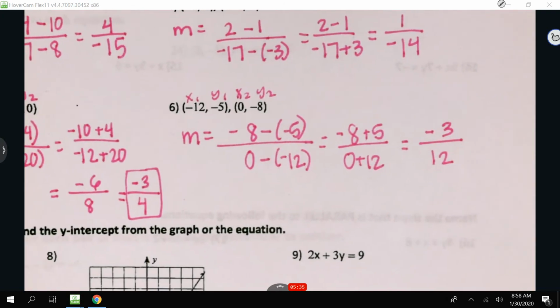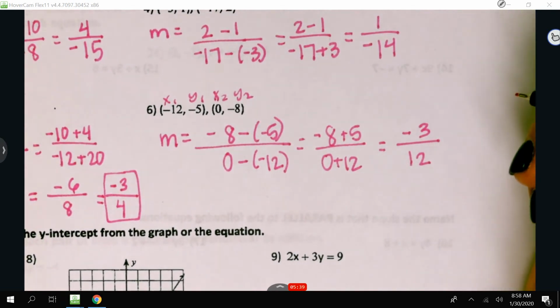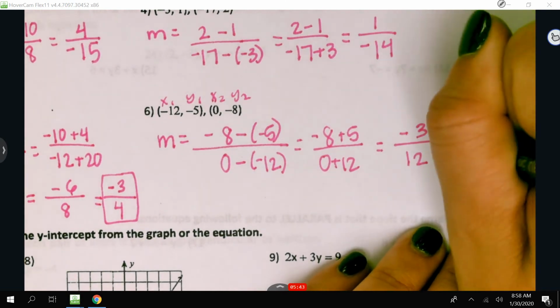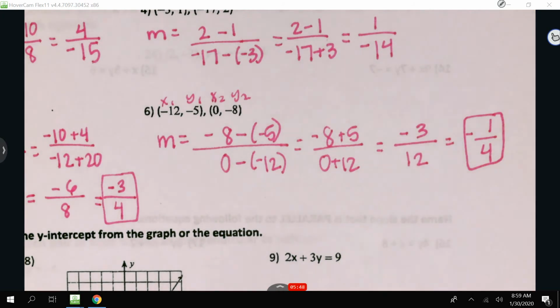Yes, sir. How? Dividing by 3, right? So this becomes negative 1/4. Okay. Make sure we are simplifying. Make sure that you read the directions on that as well. You are just finding the slope on those, so you didn't have to give me y equals mx plus b, just m. Any questions?